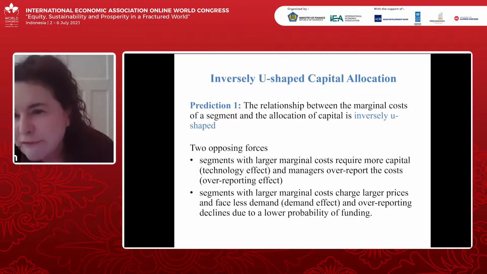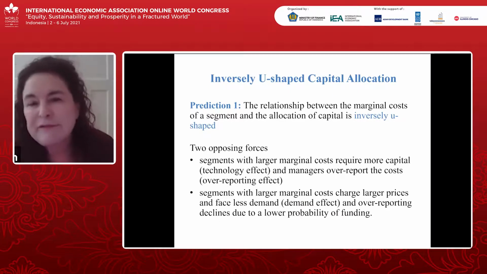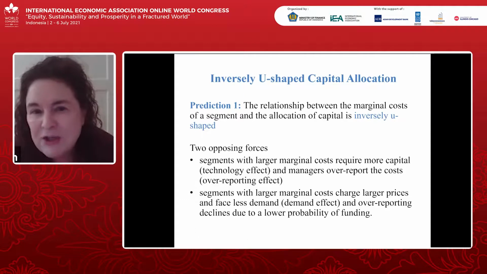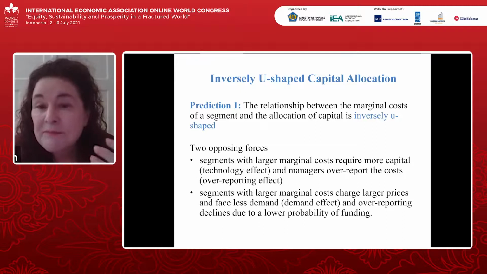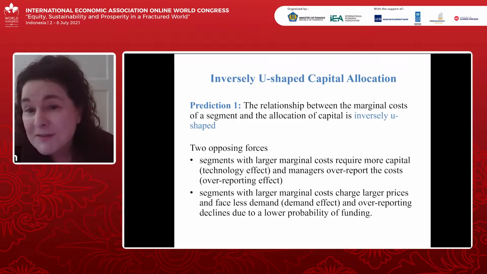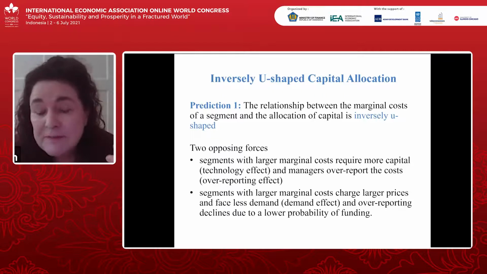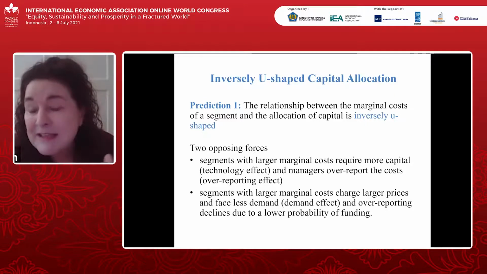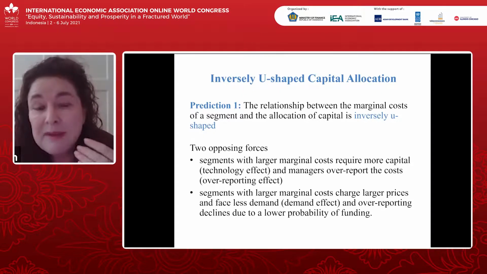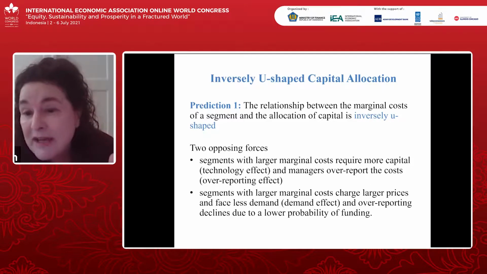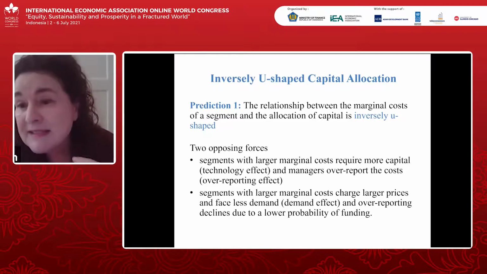So there are two opposing forces at work. The first is that segments with larger marginal costs require more capital to produce because they have larger costs. So this is the technology effect. And managers over-report the costs more because in the best segments, they over-report more. That was the result of proposition 1. But then segments with larger marginal costs charge larger prices and therefore face less demand.